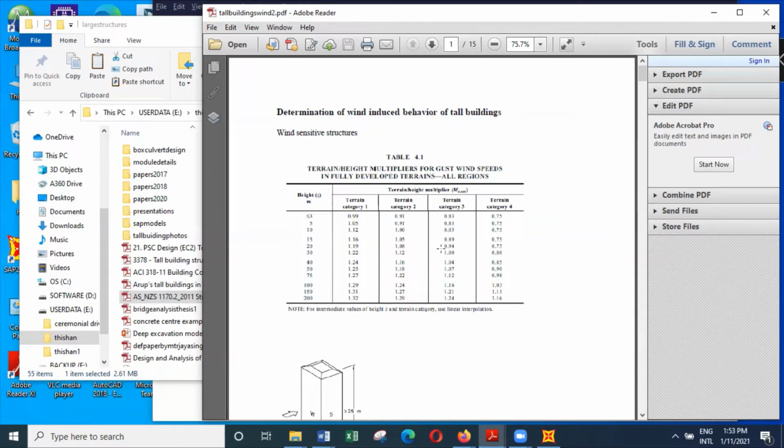So what you do is, if you know the basic wind speed, which we consider as 38 meters per second in our case, you can multiply it by the terrain or height multiplier so that we can obtain the design wind speed.